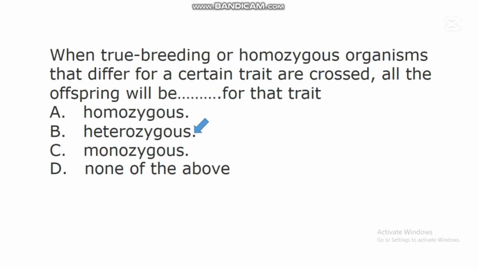So in a situation where true breeding or homozygous organisms that differ for a certain trait are crossed, all the offspring produced during that crossing will be heterozygous for that trait.